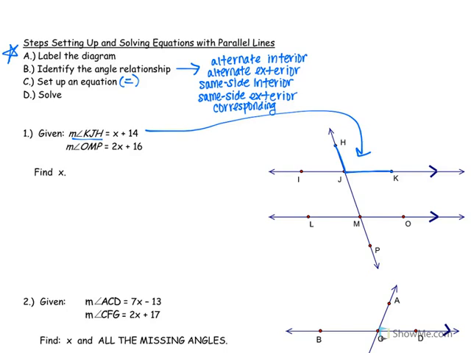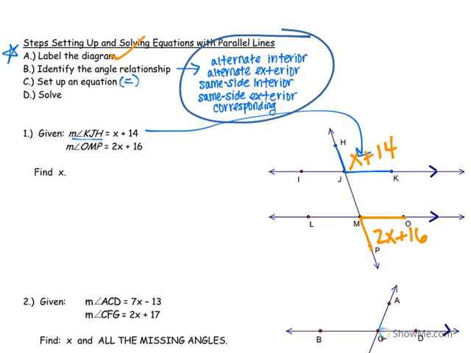So KJH, you can see I've already kind of helped you label that. I'm going to put x plus 14 in there, okay? And then OMP is right here, so I'm going to put 2x plus 16 there, all right? So I've labeled the diagram. My second step is to identify the angle relationship, and that's one of my angle relationships that I have here.